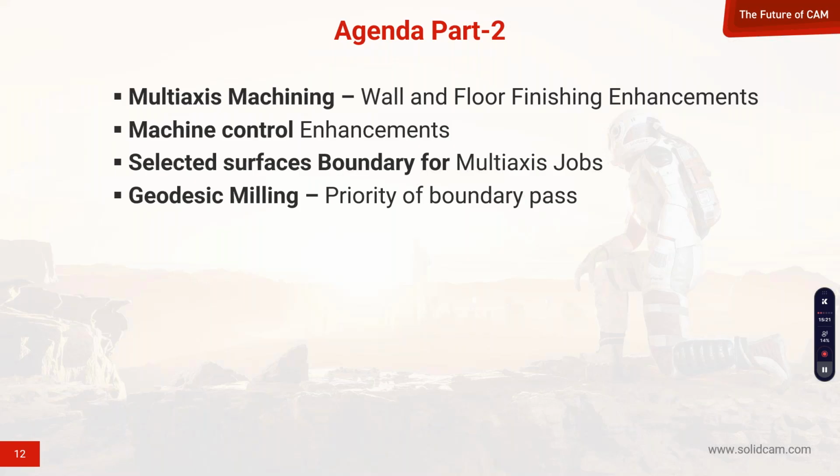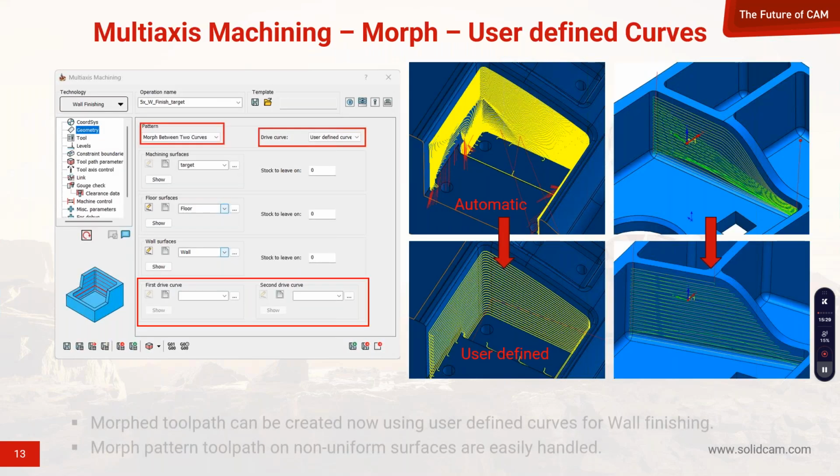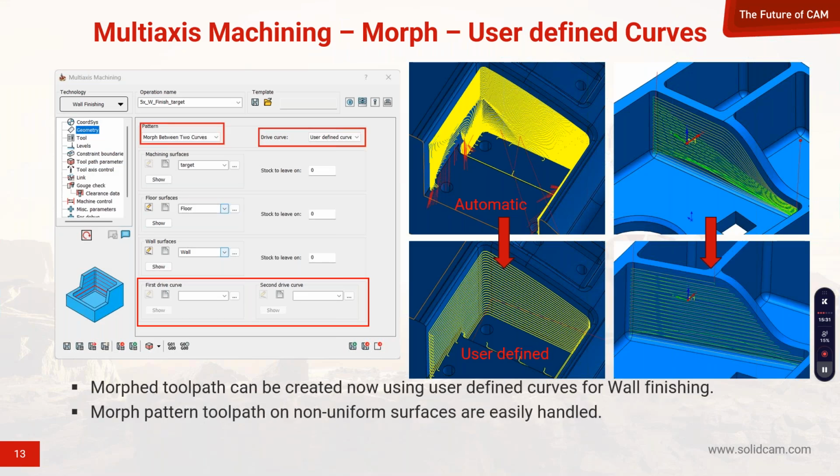We'll go to the slides. So we have added a drive curve, user-defined curve definition, when the pattern is set to morph between two curves in the wall finishing of a multi-axis machining job.